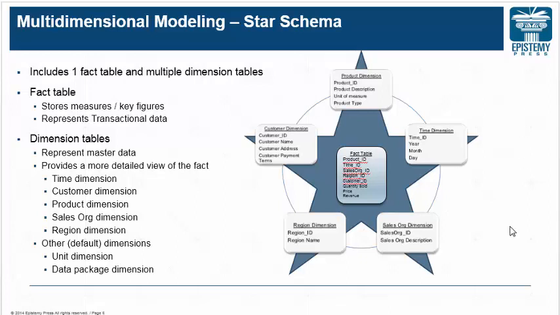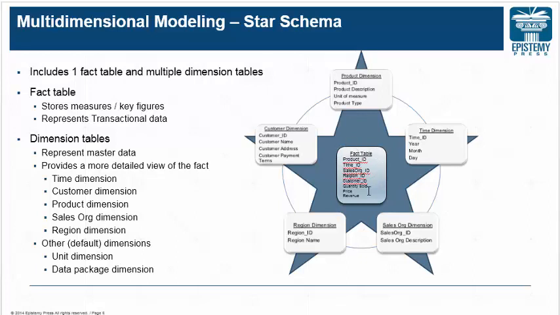Here we have a fact table. The model here is called a star schema, by the way, where you have in the middle a fact table that is connected to different what we call dimension tables. So what's in the middle?